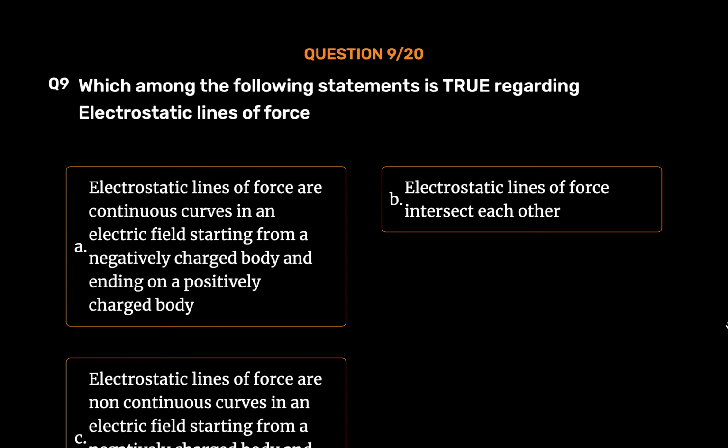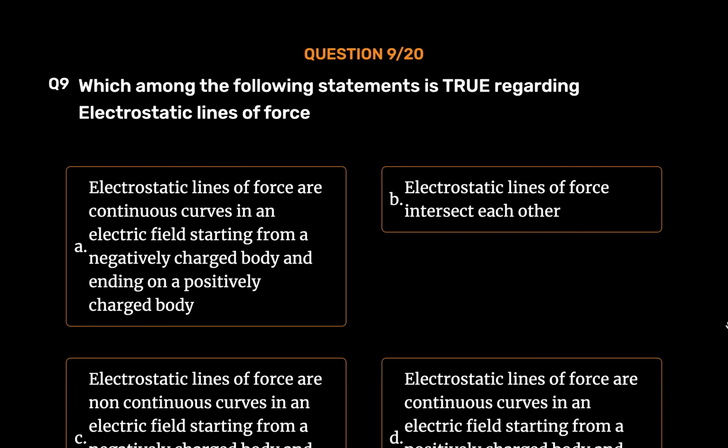Option C. Electrostatic lines of force are non-continuous curves in an electric field starting from a negatively charged body and ending on a positively charged body. Option D. Electrostatic lines of force are continuous curves in an electric field starting from a positively charged body and ending on a negatively charged body.